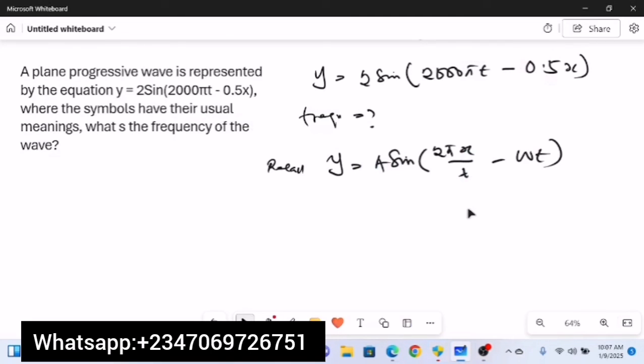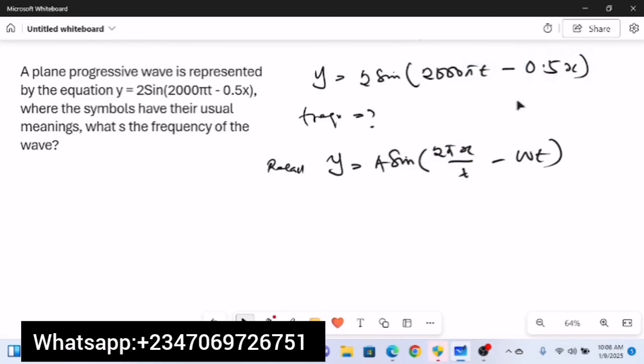Upon comparison, just be careful: we have 2 sine (2000 pi t minus 0.5x), and then A sine (2 pi x over lambda minus omega t). This means the amplitude A stands for 2, and sine goes for sine. Be very careful: this is 2000 pi t, whereas what you have here is 2 pi x over lambda, and this is 0.5x.